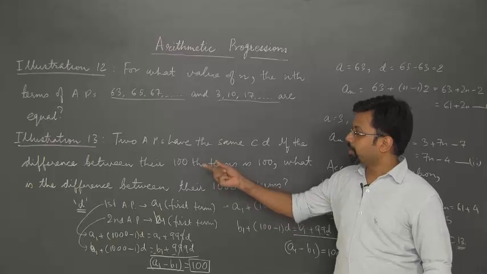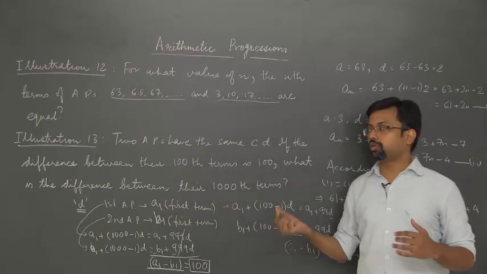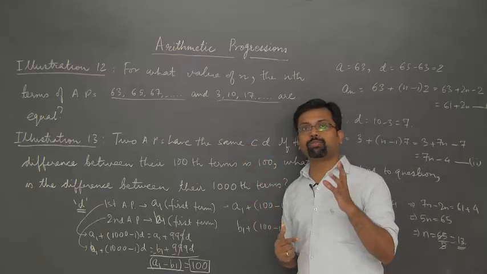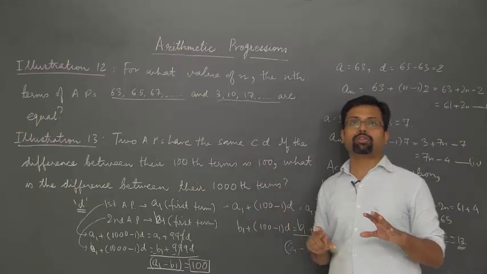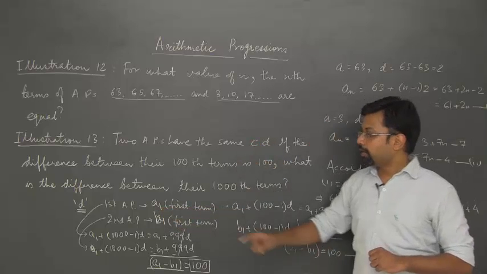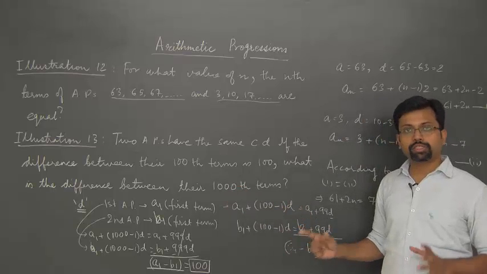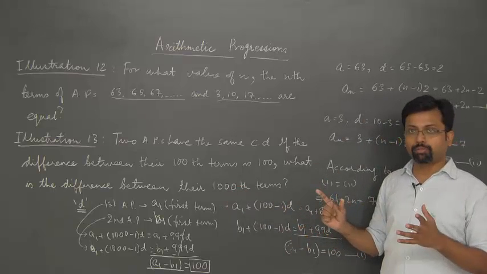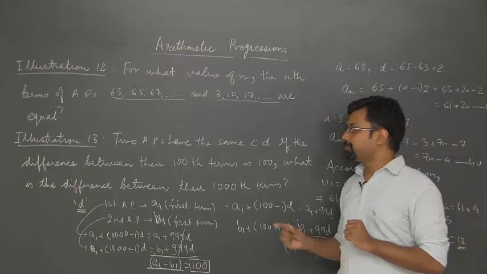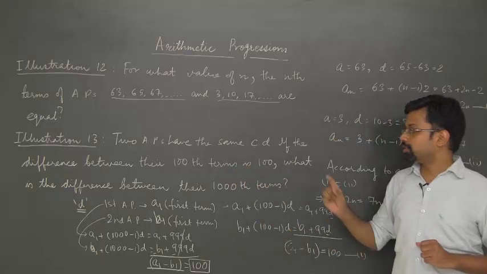Let's see this again. We assumed the two APs to have different first terms, because it's only said that they have the same common difference. Their first terms are not the same. So for the first AP, let A1 be the first term, and for the second AP, let B1 be the first term. The common difference is the same for both, so it's taken to be D. It is given that the difference between their 100th terms is 100.